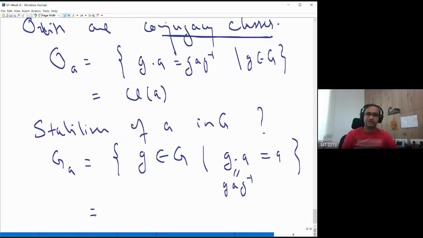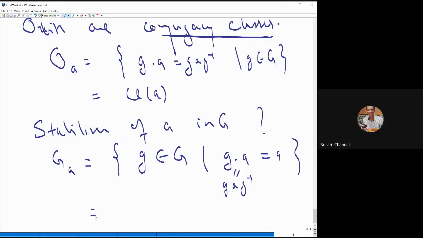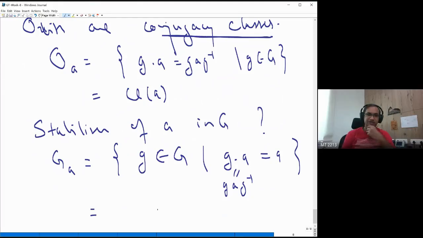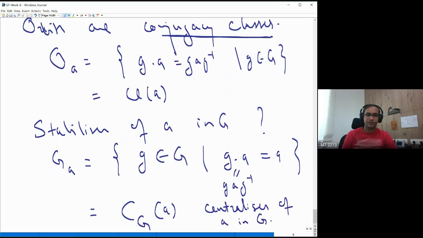So what is this? Can you tell me? Centralizer of A. So this is the centralizer of A in G.